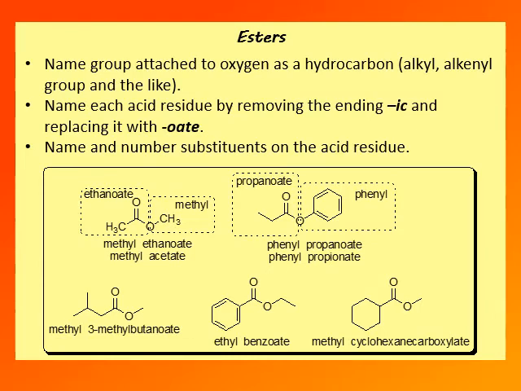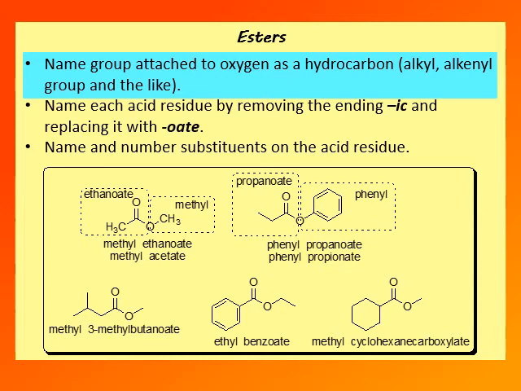To name esters, we need to name 2 parts of the molecule. We need to name substituent on the oxygen atom, and we need to name carboxylic acid residue. Group attached to the oxygen is named as hydrocarbon. That means, for example, as alkyl group, so it could be methyl, ethyl, isopropyl, tertiary butyl, neopentyl.